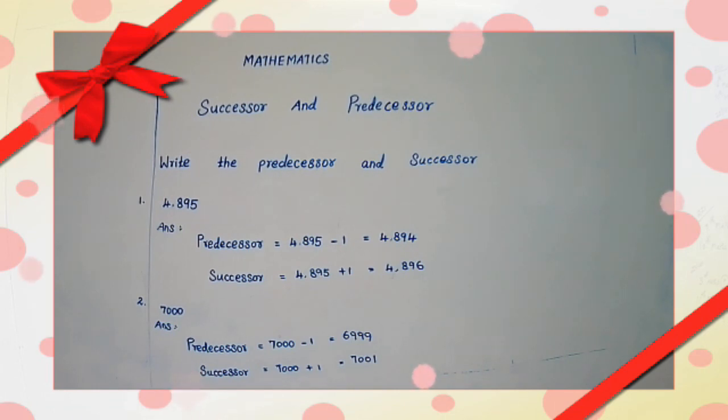Then write the next line. Successor. Successor is equal to 7,000 plus 1 is equal to 7,001.